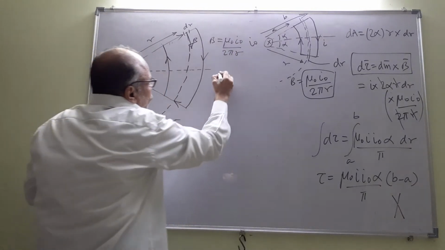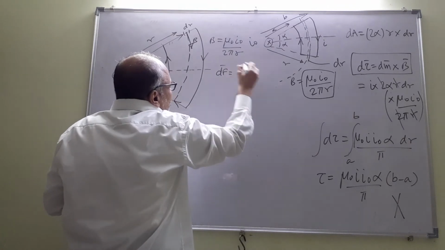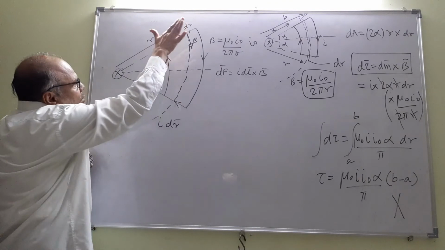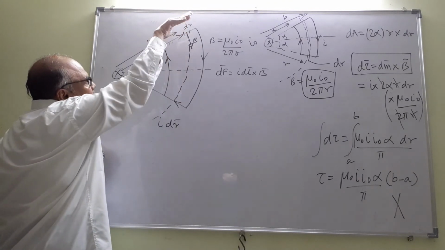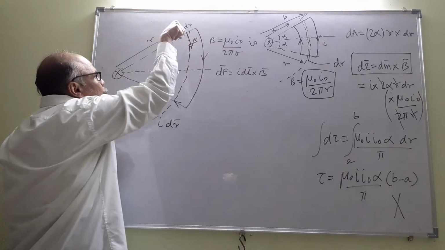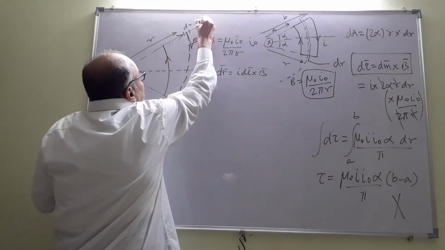So now the force dF is IdL cross B. IdL is like that, and IdL cross B, if I did it, the force is into the board. This force dF is into the board.